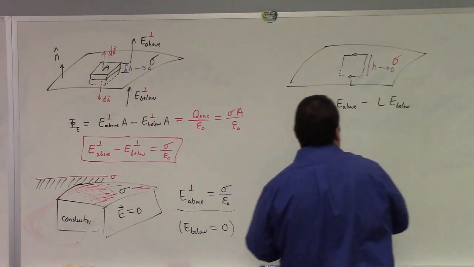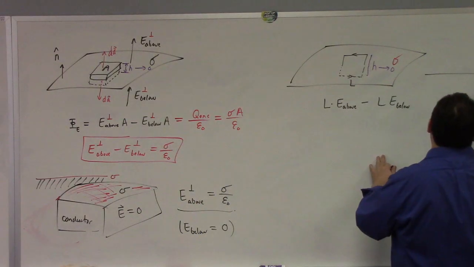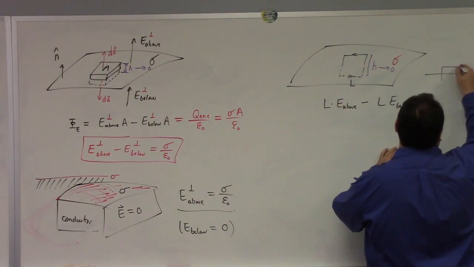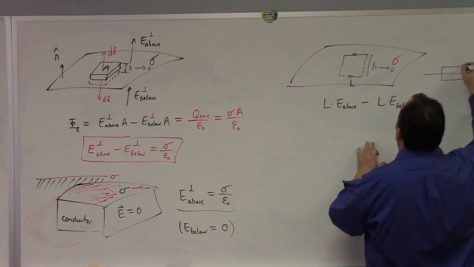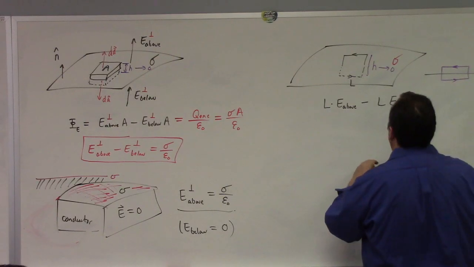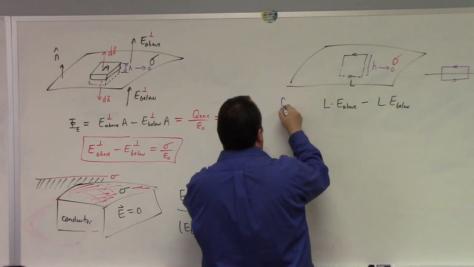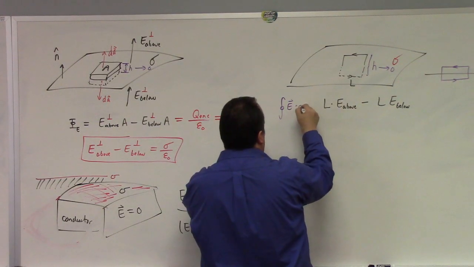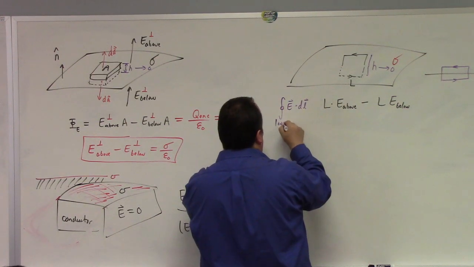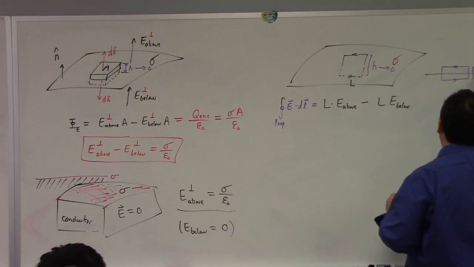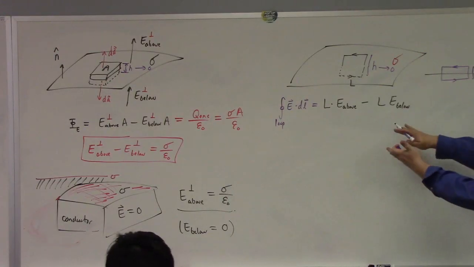Maybe it's helpful for me to redraw this picture in a two-dimensional context. Here's my sigma. My loop looks like this. So you're going this way, that way. And so the integral of E dot dl around my loop is just equal to this.